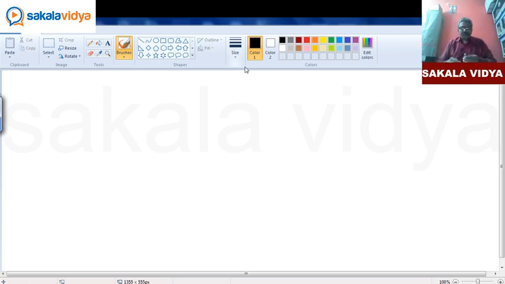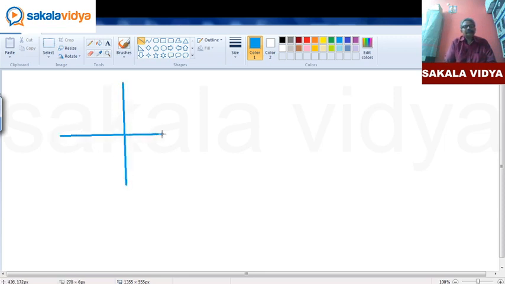So now see the question. For example, let us take the coordinate axes like this. This is the x-axis, this is x dash, this is y, this is y dash.